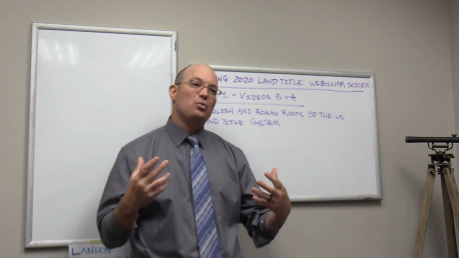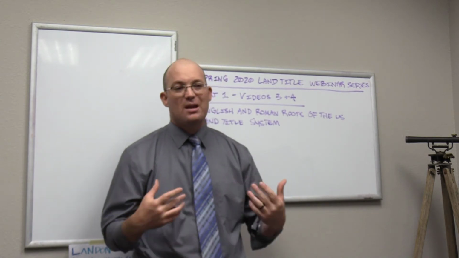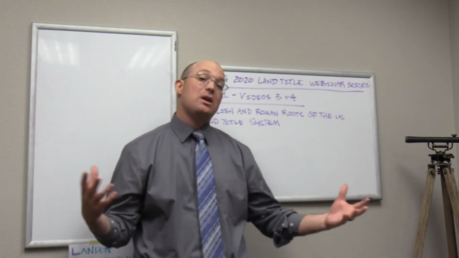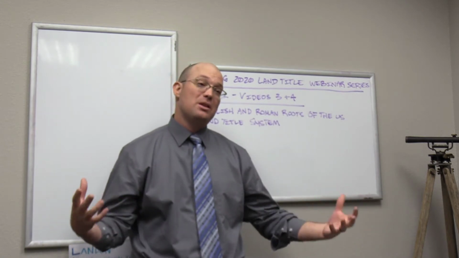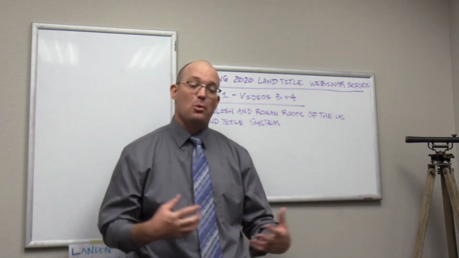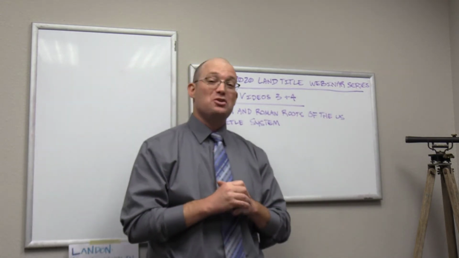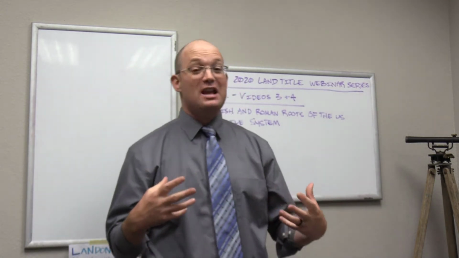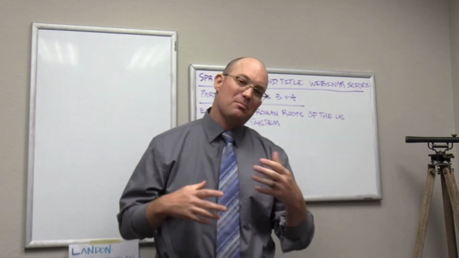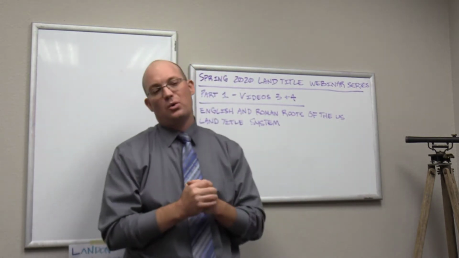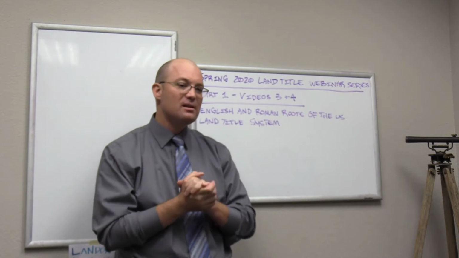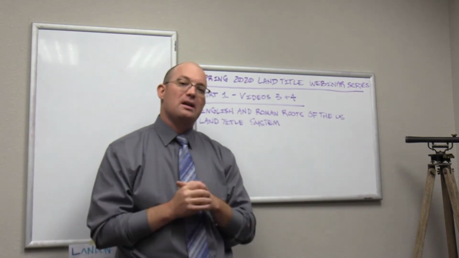What that allowed William the Conqueror to do was redistribute that land to his key men, the men that fought with him in battle, the people that supported him, and that's what he did. I don't know if he took all of England and redistributed it, but he took most of it. There were some lands that the church managed to hold on to, but basically William the Conqueror took the land and redistributed it.